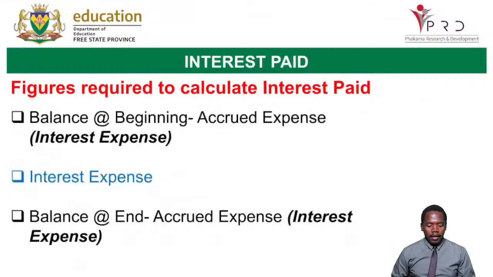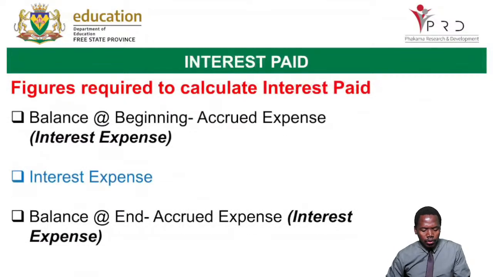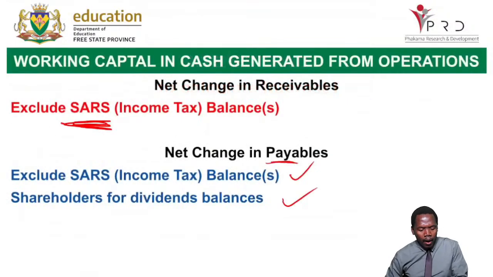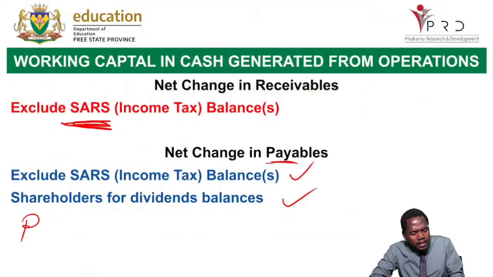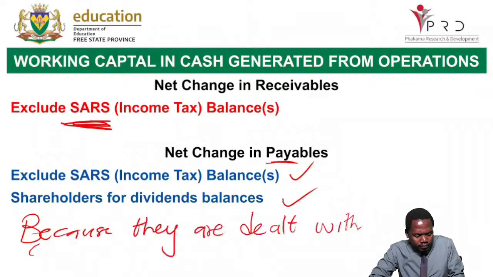Right, now, as we have said here, why are we excluding these items? Just going to go back a little bit. Why do we exclude these items? This is because they are dealt with separately.